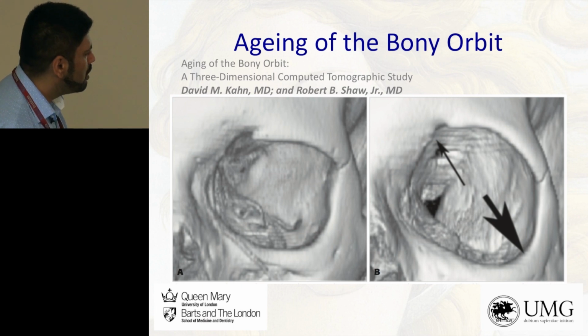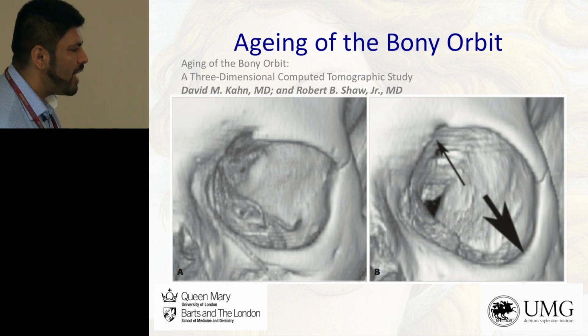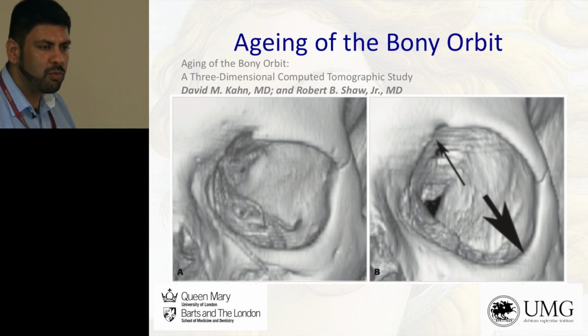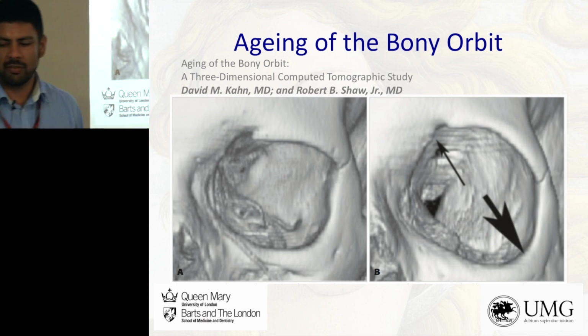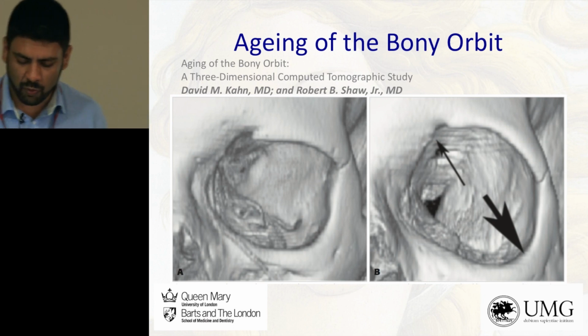The lateral diameter doesn't change especially, but the oblique diameter from superior medial to inferior lateral is what elongates with time. And that is why we get that increase of the frame size, as Ali is talking about in his talk just before mine.